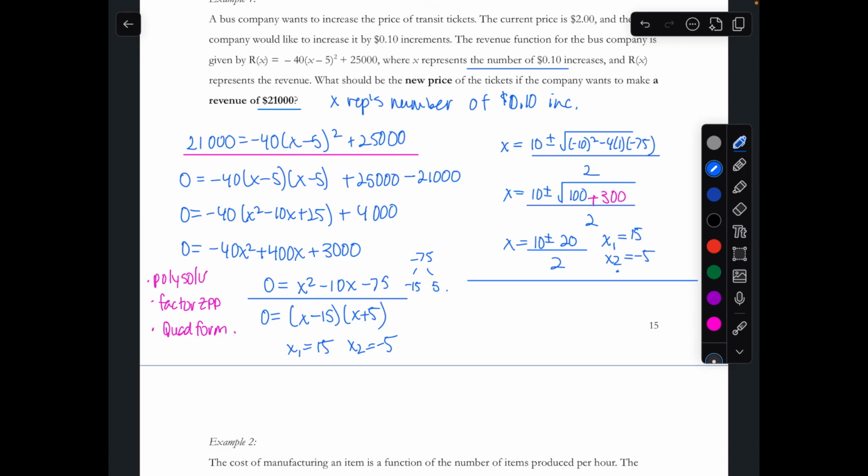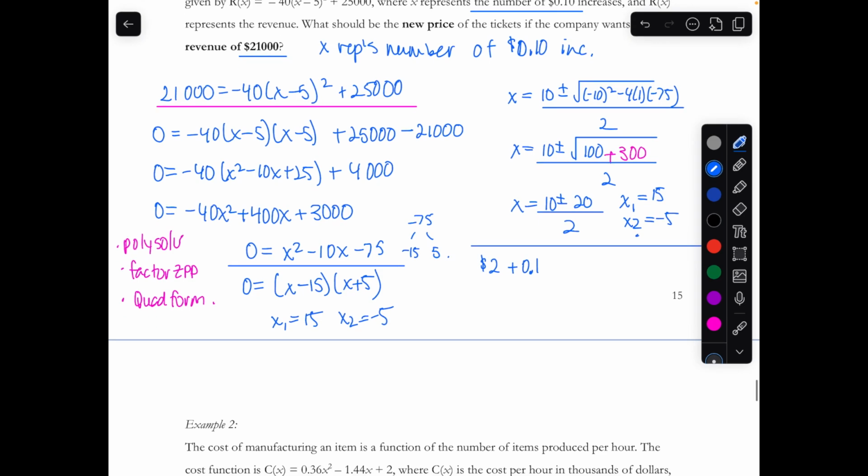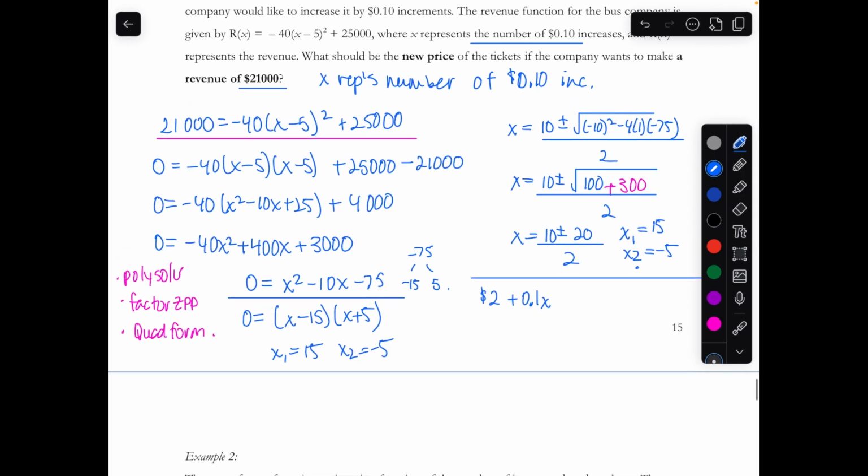But the question is asking what should the new price be? So I know that the new price is $2 plus a 10-cent increase for each increment. It increases by 10 cents every time.